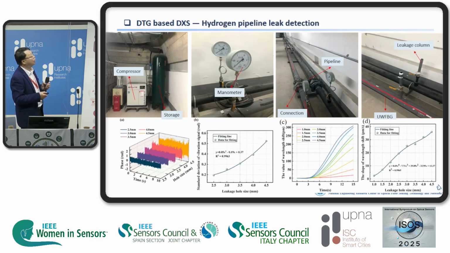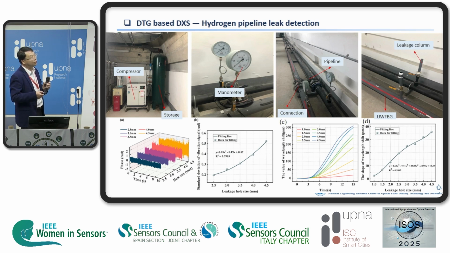Here we do it in the laboratory for the pipeline. For the pipeline monitoring, especially here in China, we have the hydrogen pipeline. The people care about the leakage. If a leakage happens, there will be a signal, including the acoustic signal and also the temperature signal.